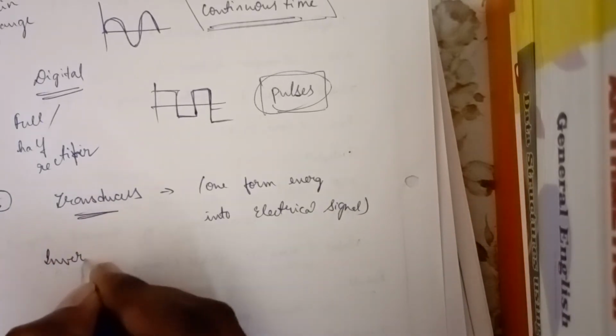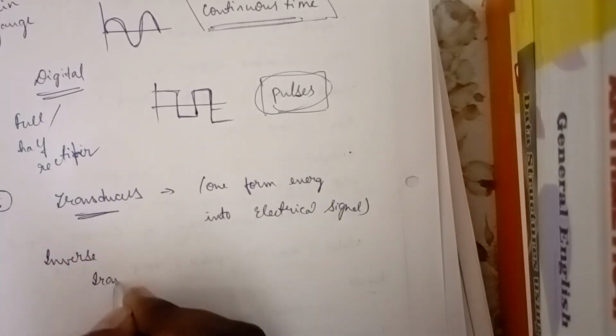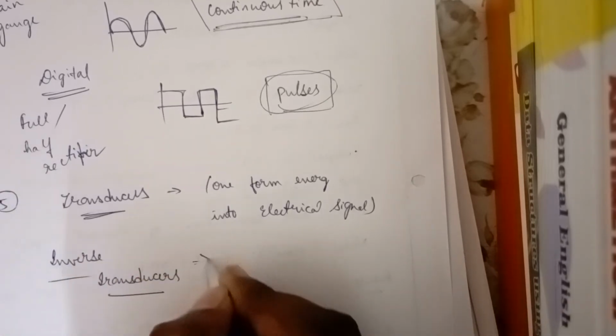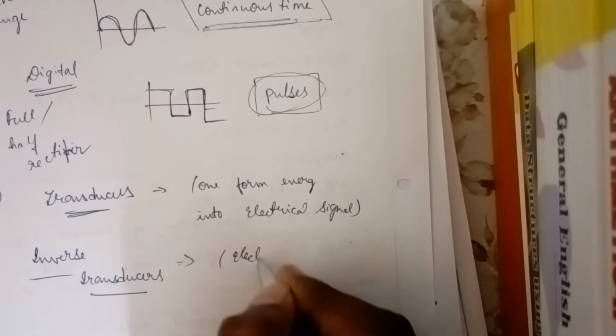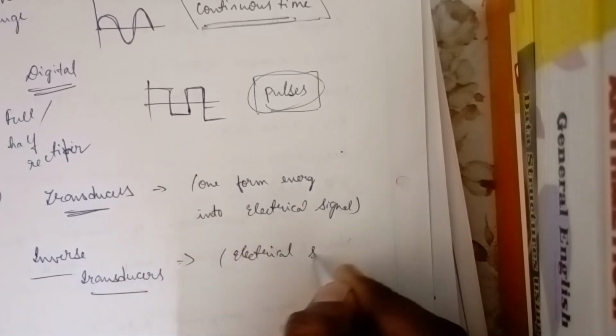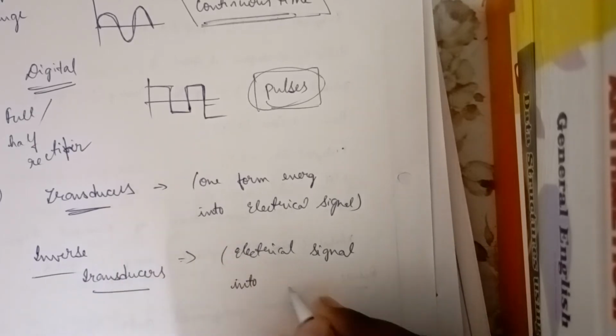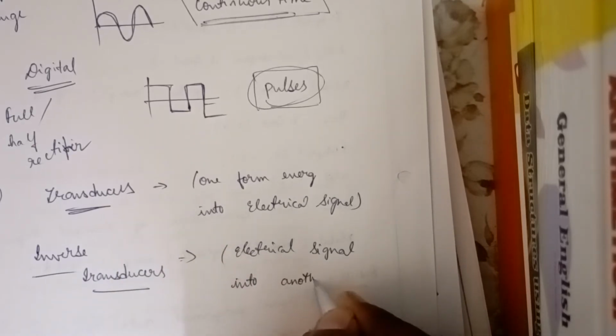What is an inverse transducer? An inverse transducer performs the inverse function. It converts the electrical signal into another form of energy.